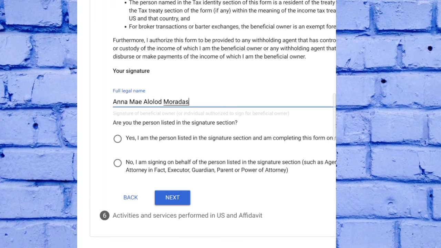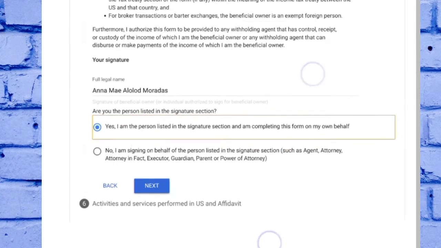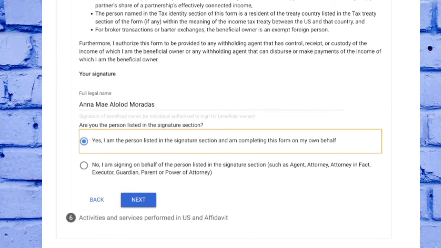The last is, are you the person listed in the signature section? So yes, tayo po yan. So kung hindi po kayo, meron po dito sa mga agent, attorney in fact, may mga SPA pa ba tayo? If no, I'm signing on behalf of the person listed in the section as agent, attorney in fact.